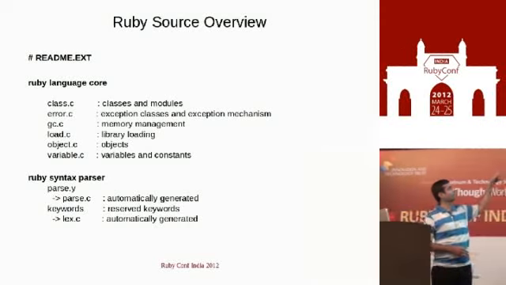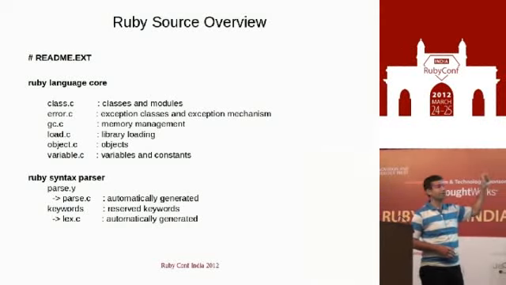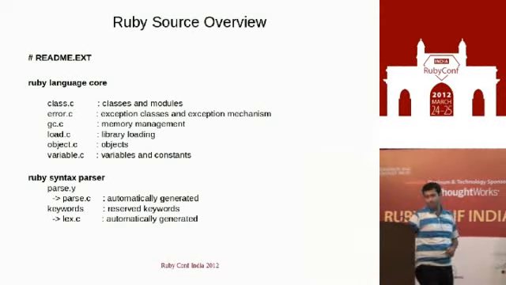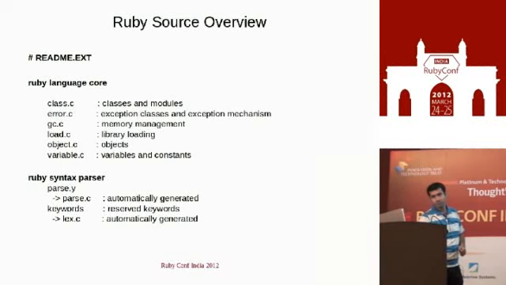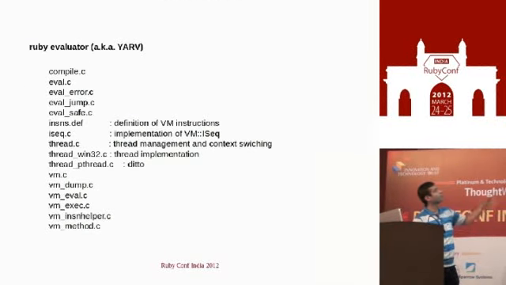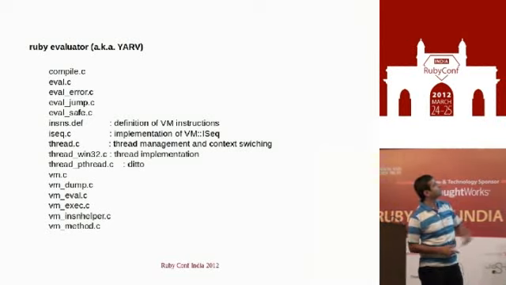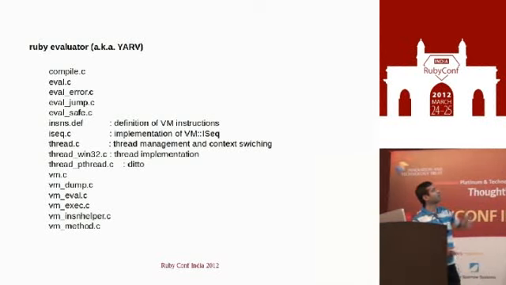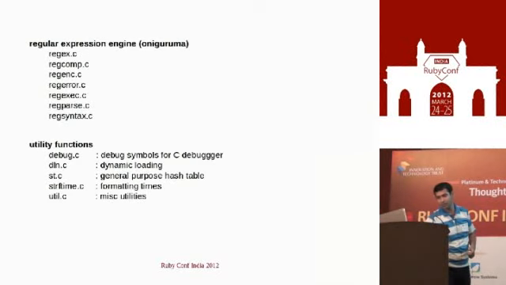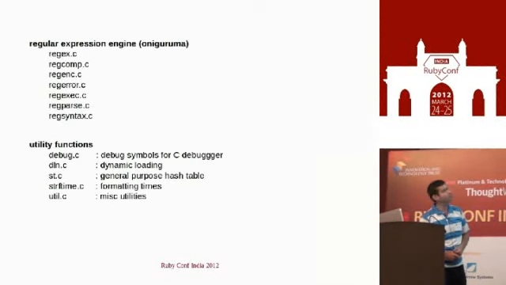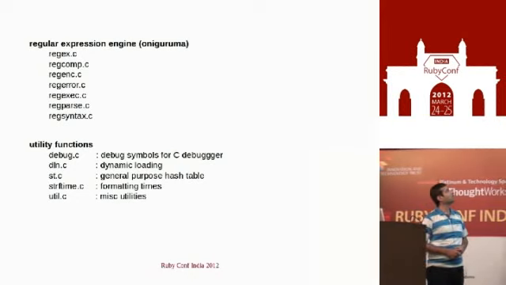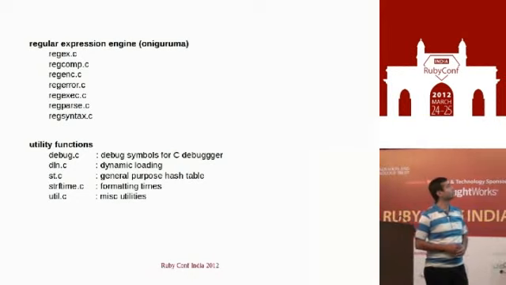We have the Ruby syntax parser, parse.y, and keywords lex.c. Then we have the Ruby evaluator where we deal with the implementation of the virtual machine instruction sequence. Something about threading, eval. It's in very much detail. We have a regular expression engine called Oniguruma, and we have some utility functions also.